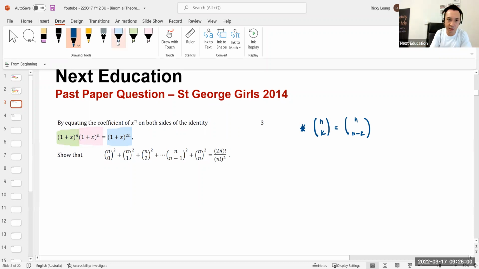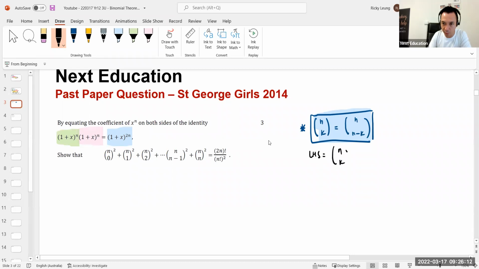Now, if you had to prove this fact, this is how you do it, right? You basically go, the left-hand side is clearly nCk, and we know with our factorial expression it is n factorial on top, k factorial and n minus k factorial on the bottom.